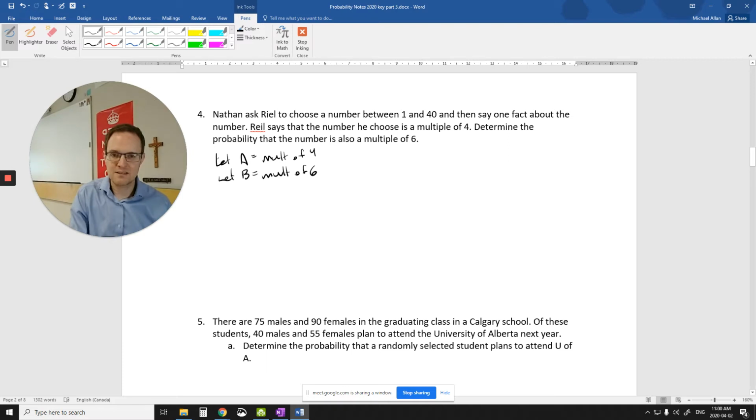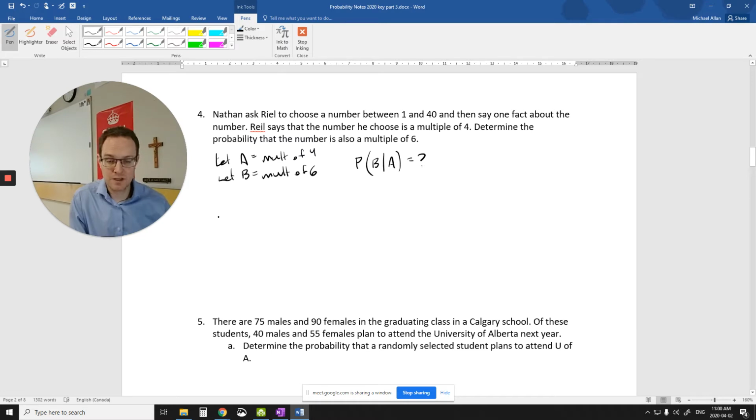So you're just adding 6 or adding 4 each time. So those are the numbers. Now, what they're trying to say, in the last line here, is what is the probability that it is a multiple of 6 if I already know that it's a multiple of 4? That's what I want.